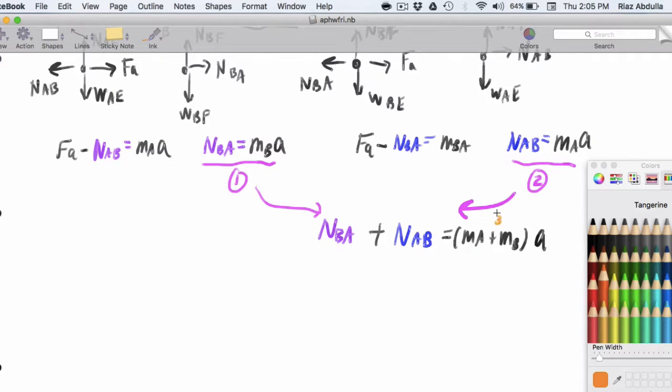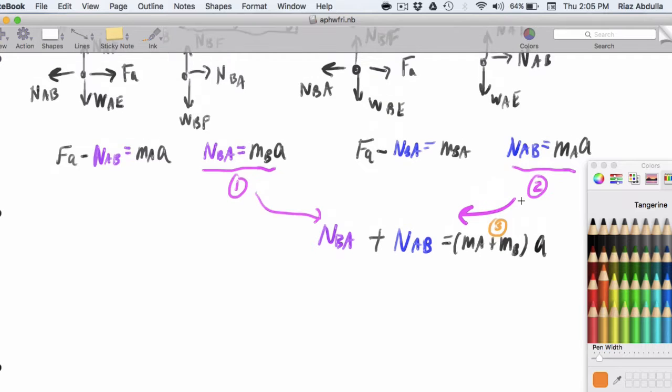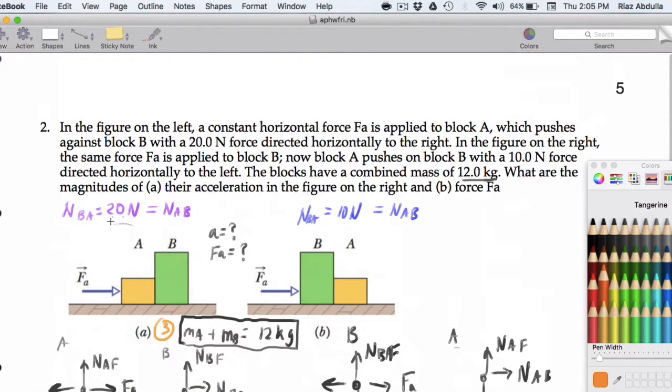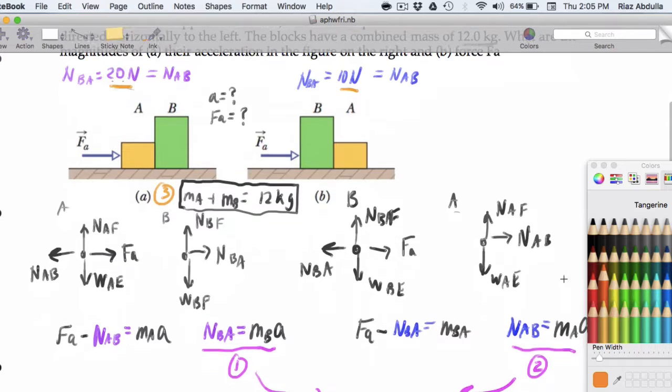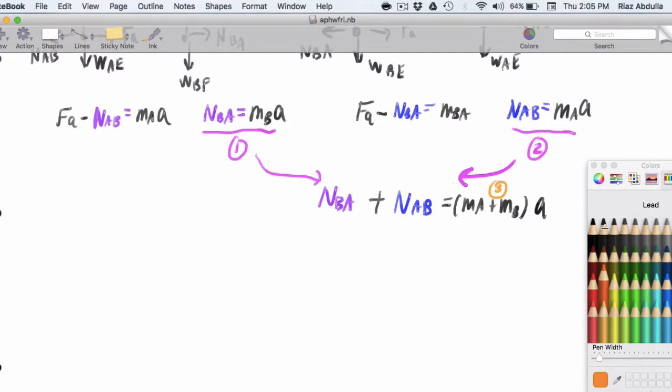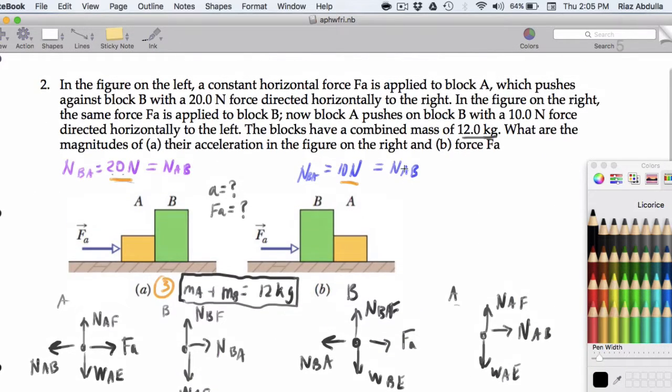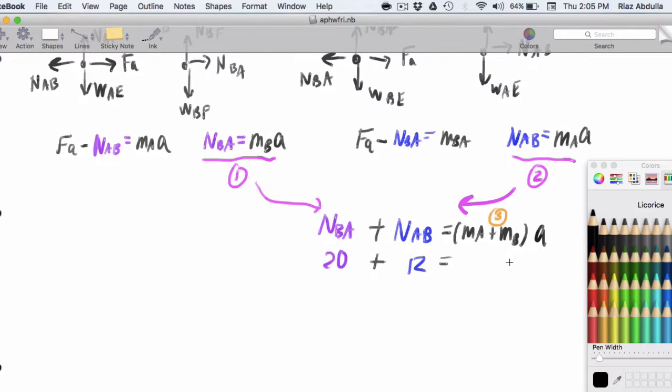So from equation 3, and from the other givens in the problem, I know that I have 20 plus 10 equals 12 times A. So I can write this as 20 newtons plus 10 newtons.